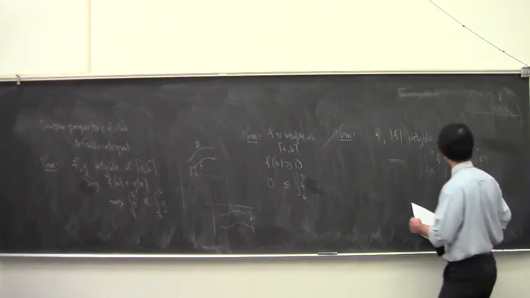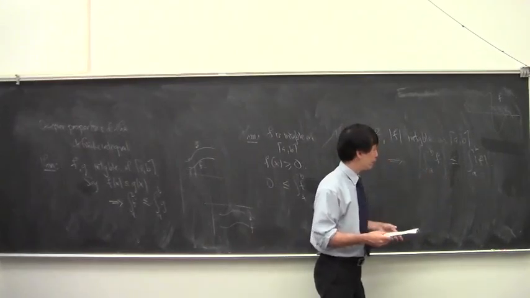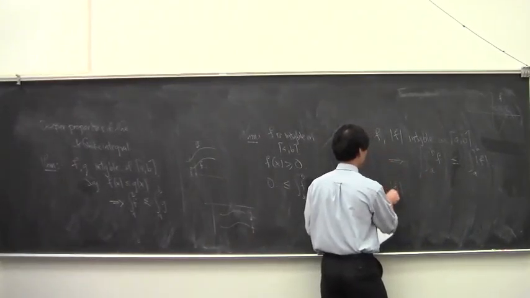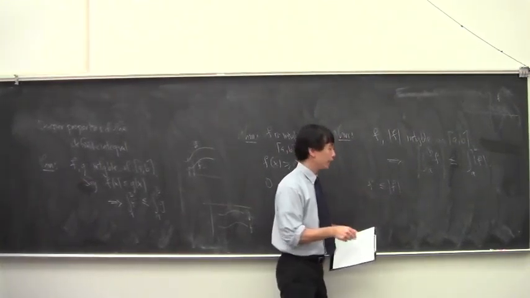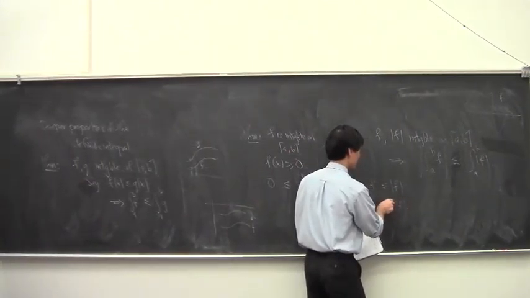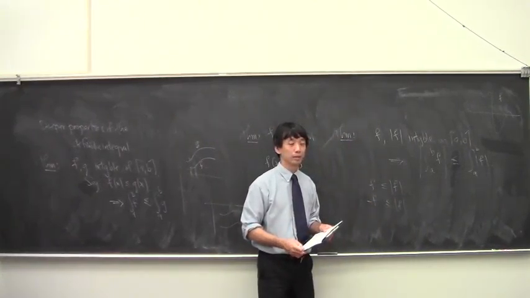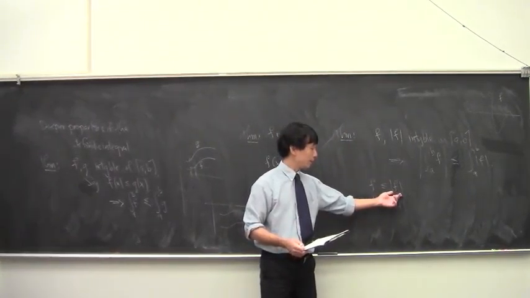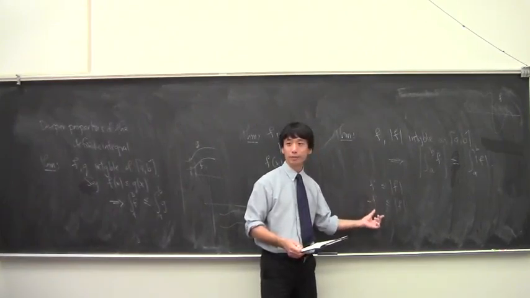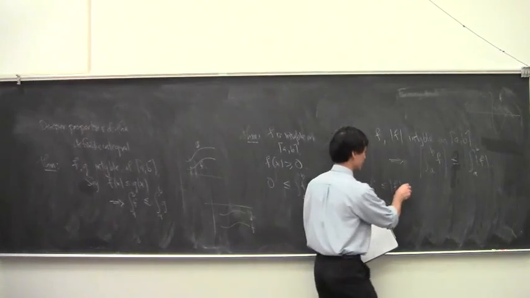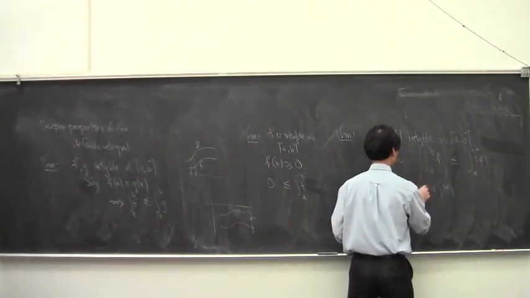Okay. So, because you know that |f| is bigger than or equal to f, and you know that |f| is bigger than or equal to negative f. The absolute value of something is always bigger than or equal to the thing and its negative. So what does that tell you? That the integral of the absolute value is greater than or equal to the integral of f.